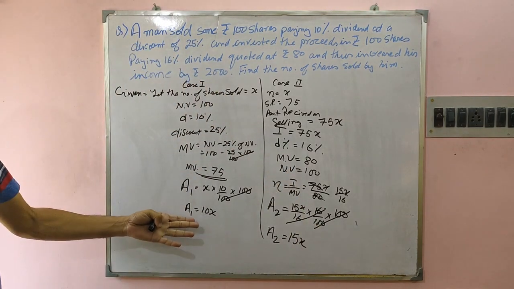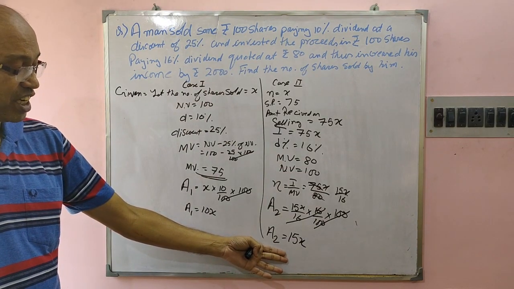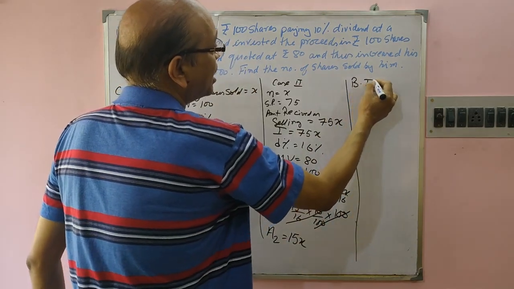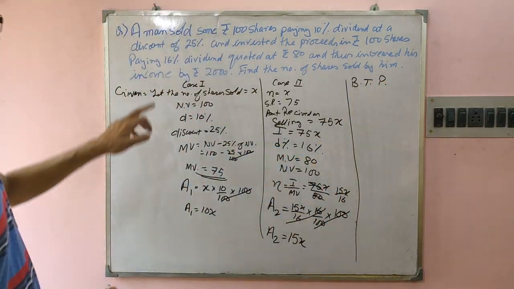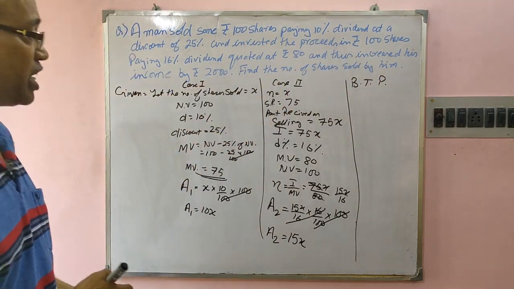Clear? His original income was 10x. Now he has increased his income to 15x. Now by the problem, what did he say? He has increased his income by 2000.